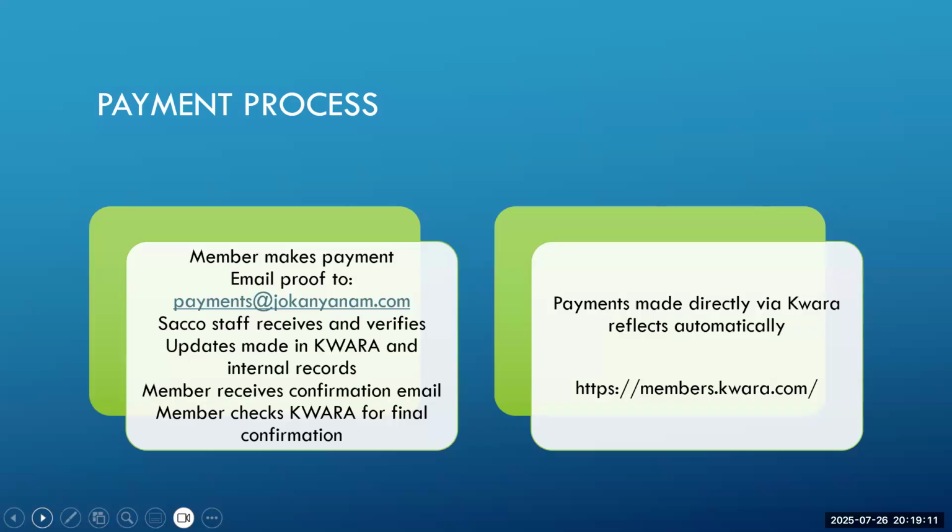Then we allocate it to monthly savings. After that, we confirm to the member that we received and allocated the amount, and we encourage the member to log on to Quora and check if there's any discrepancy. She can reach out for explanation or further queries.